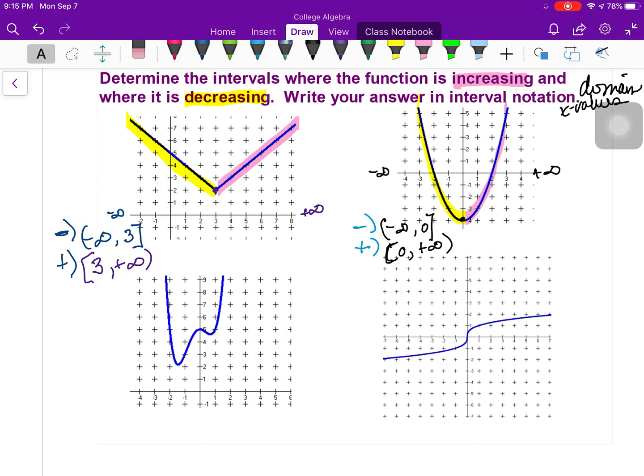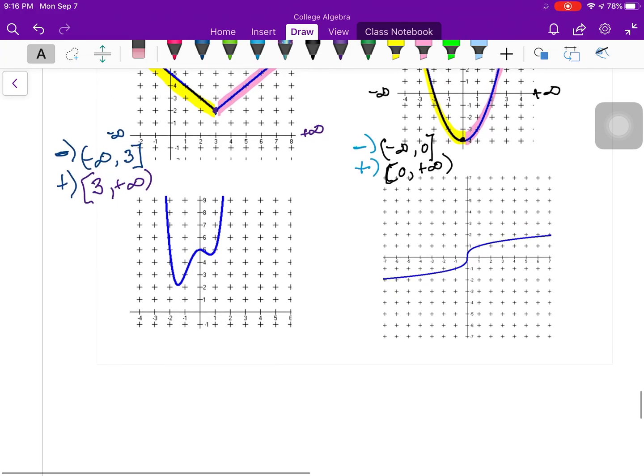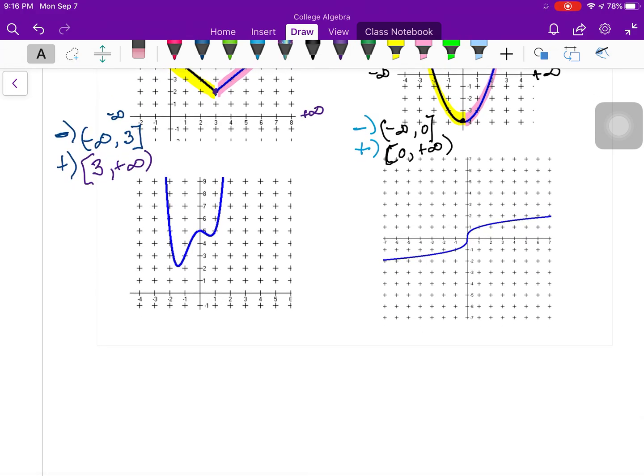And again, on this next one, from left to right, I'm doing decrease, increase, and then decrease. So from left to right, this function is falling to there.